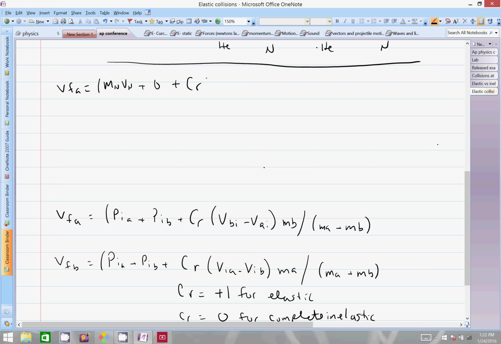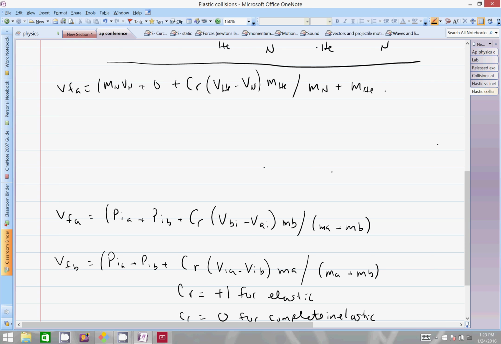Then we're subtracting the velocity of B initial, which is the helium, which is 0, and then minus the velocity of A, which is the neutron, times the mass of the B particle, which is the mass of the helium particle, divided by the mass of A, which is the mass of the neutron, plus the mass of the helium particle.